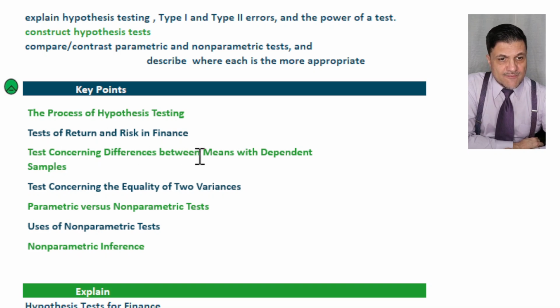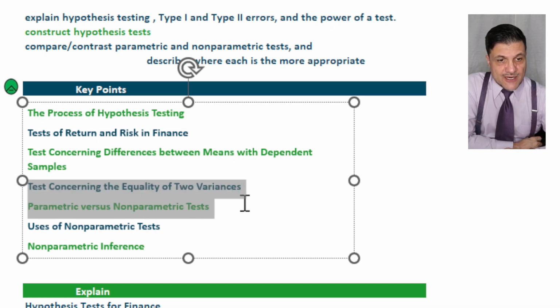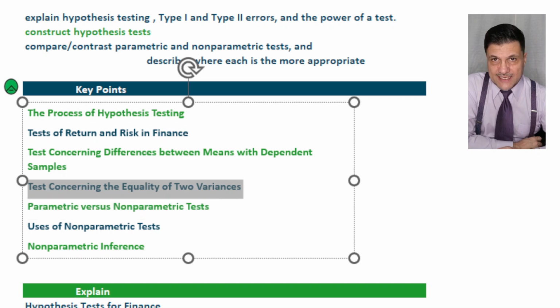Tests concerning anything that says means, it's a test of expectations. A test of expectations is done using the T or the Z normal test, normal distribution. Tests concerning equality of variances, we did the F test because there are two variances. Testing a variance in general is the chi-square.